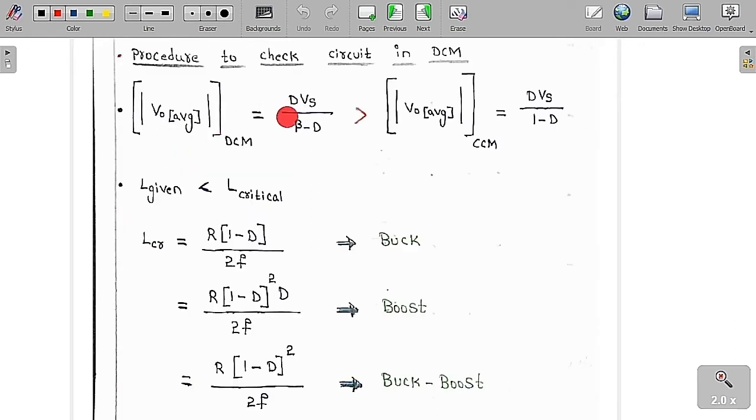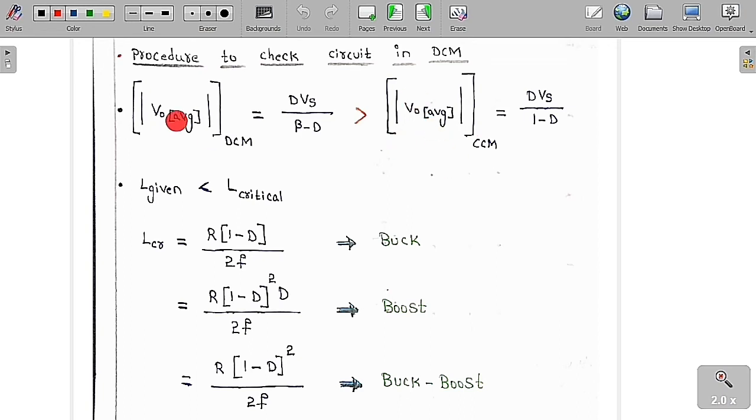So this is the procedure to check whether a given circuit is in the discontinuous conduction mode or not. The magnitude of the average value of the output voltage in the discontinuous conduction mode is always greater than that in the continuous conduction mode, only the magnitude value.